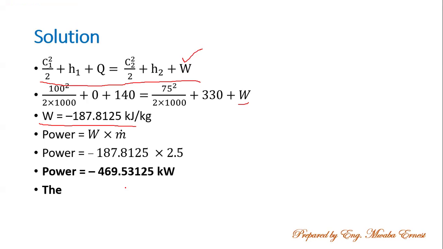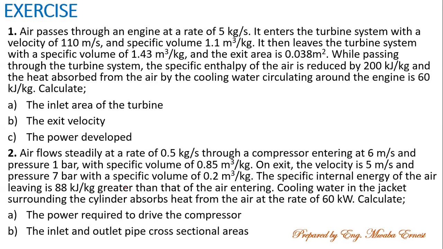If they were requiring us to explain whether this power transfer is from or to the system, it would have meant this is power into the system. It's like a compression process. That's why the power developed is negative. For now, this is our power.